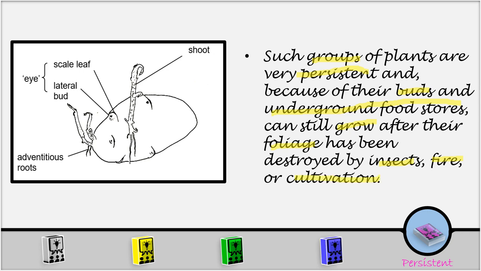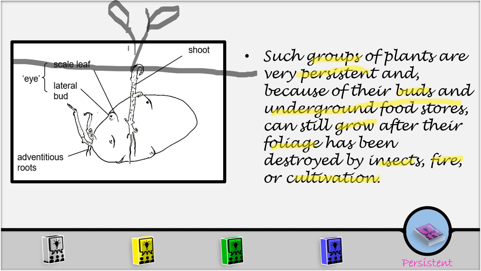So you find that you have a plant, and the upper part of the plant above the soil has been destroyed by insects, or by fire or cultivation.